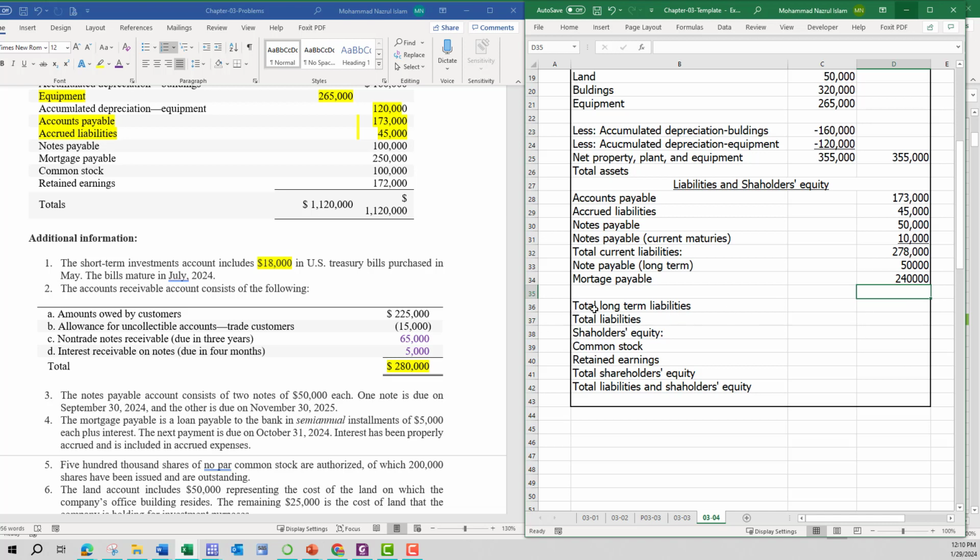The total long-term liability is this one. And the total liability would be this one plus this one, 568,000.